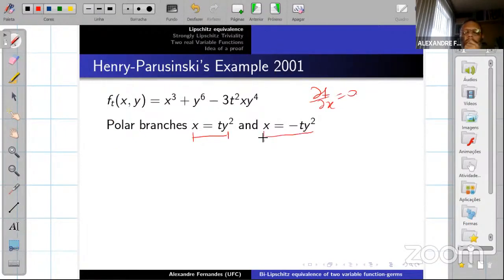This is another one. So you compute the development of this.